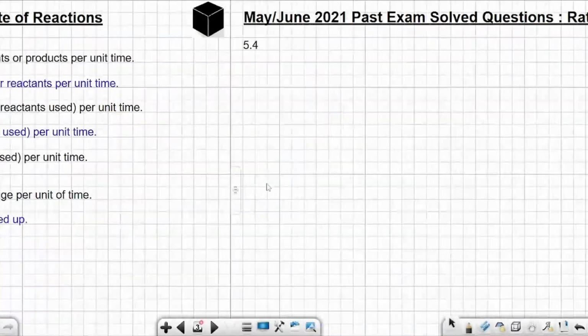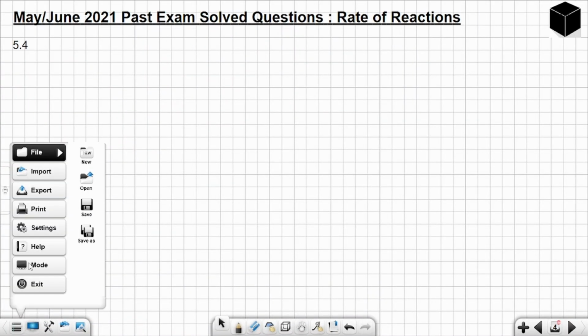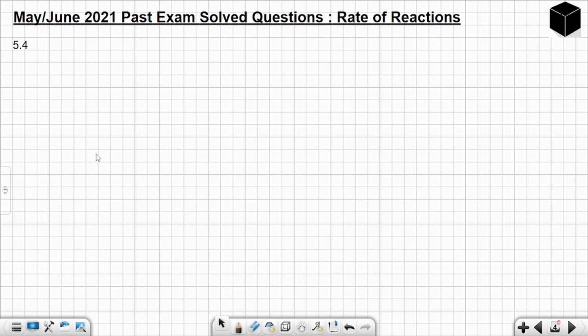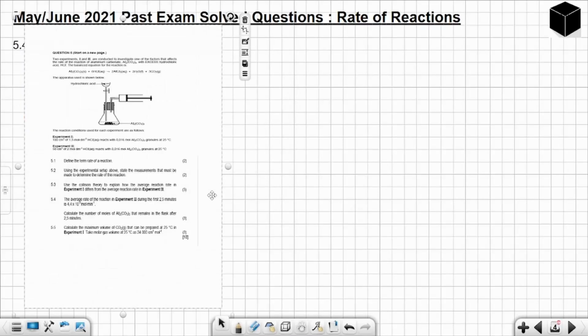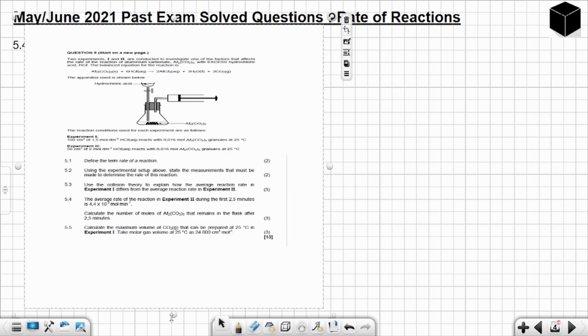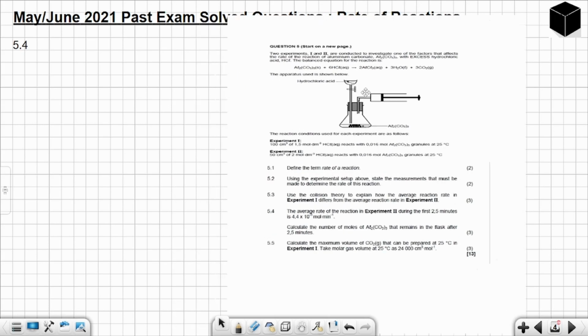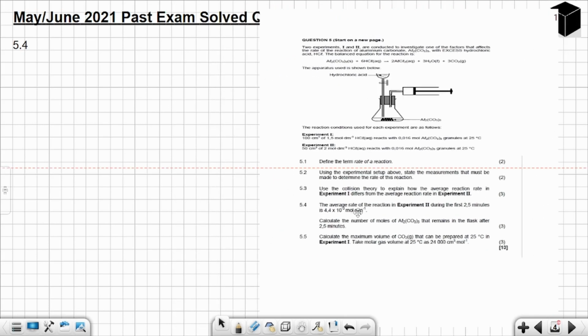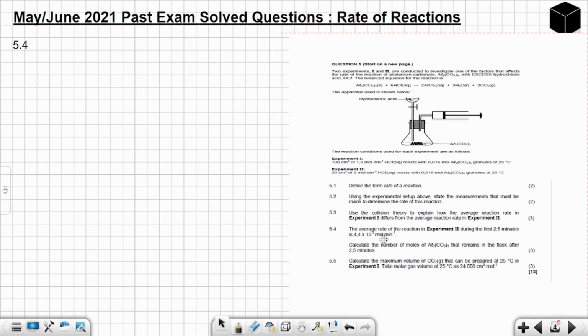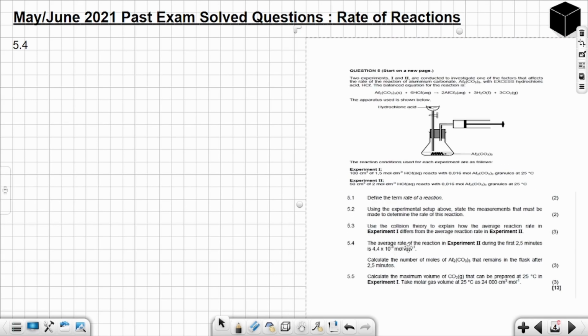Okay, 5.4, let's get the question. The average rate of reaction in experiment number 2 during the first 2.5 minutes is 4.4 times 10 to the negative 3 mole per minute.